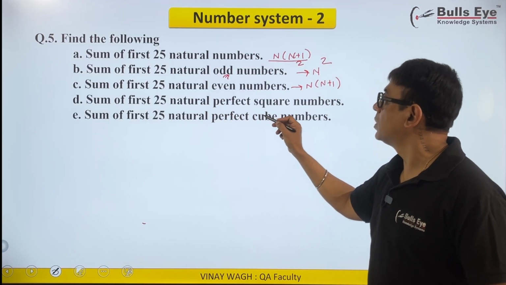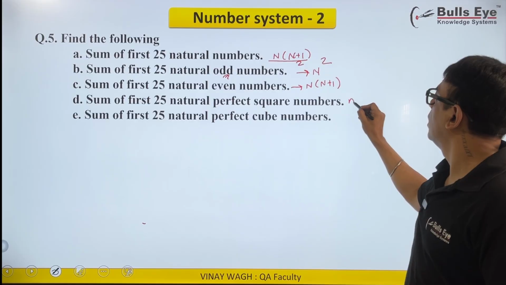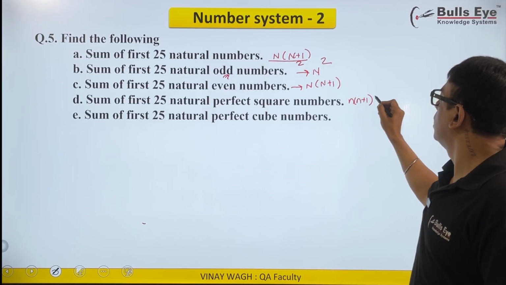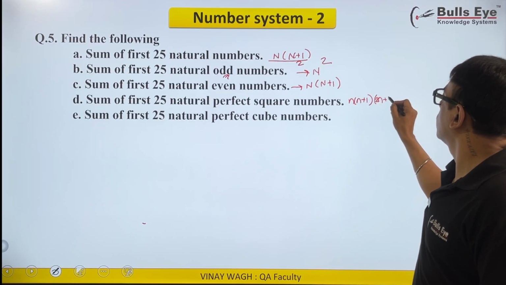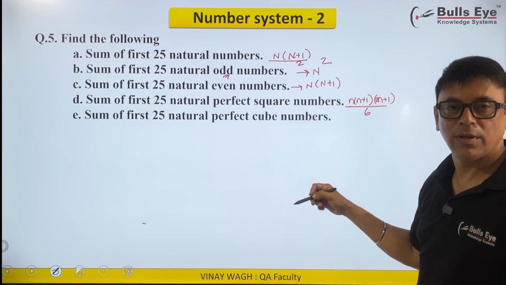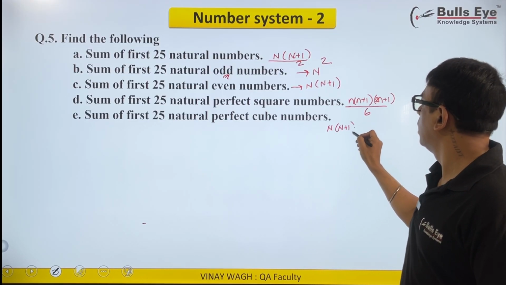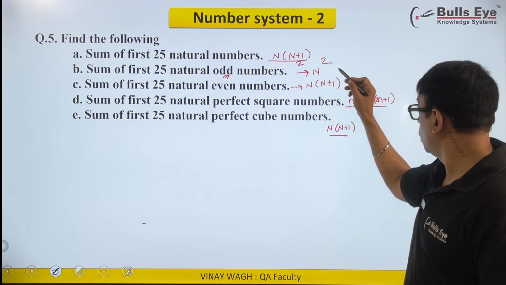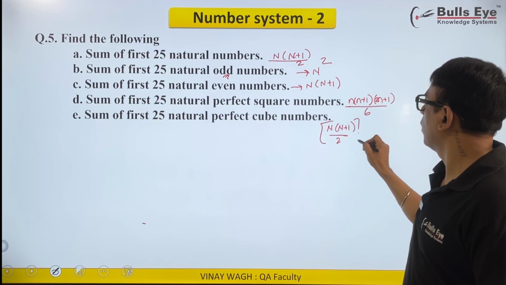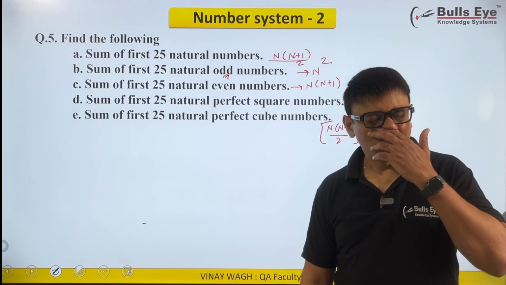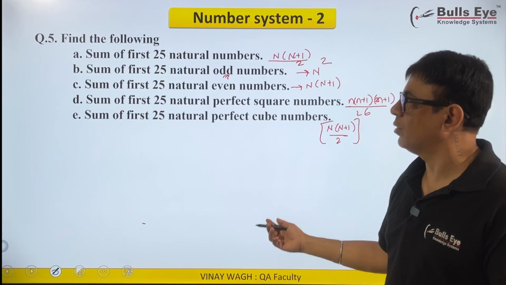Sum of the first n perfect squares is n into n plus 1 into 2n plus 1 divided by 6. And for perfect cubes, it is n into n plus 1 divided by 2, the square of that. That's it. So you just need to know this and use it wherever possible.